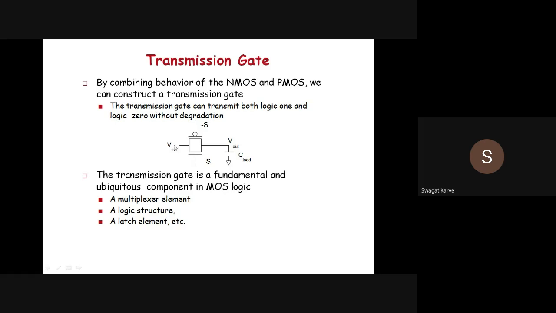This will be the input, right? Here we are applying the input, and we are taking the output, right? That means at the drain and source terminals we are applying the input and taking the output, and the gate we are using for the bias terminal.